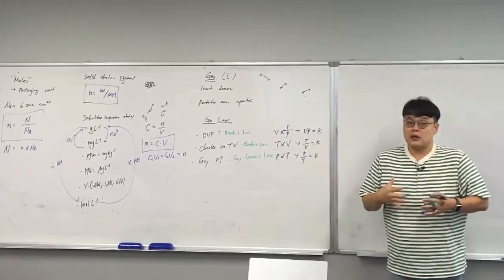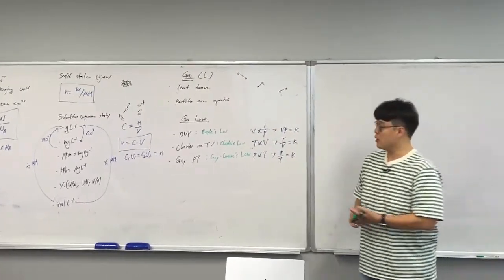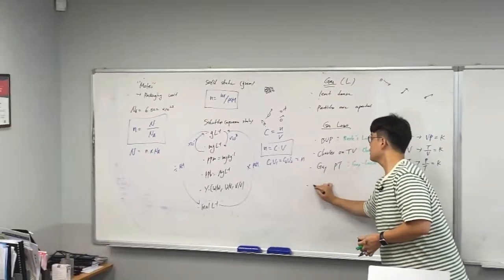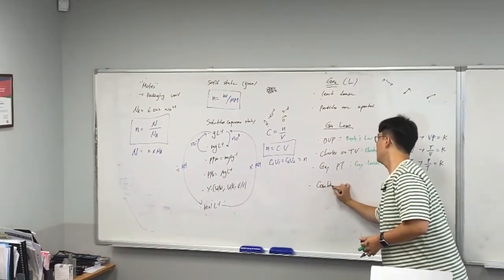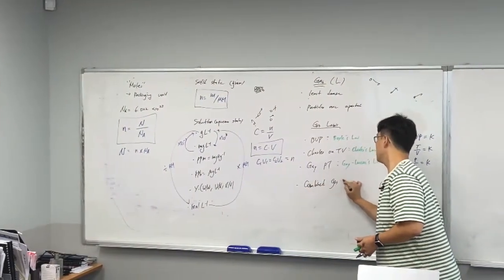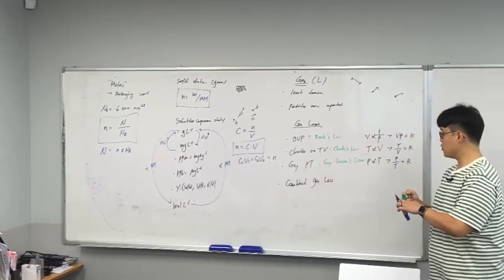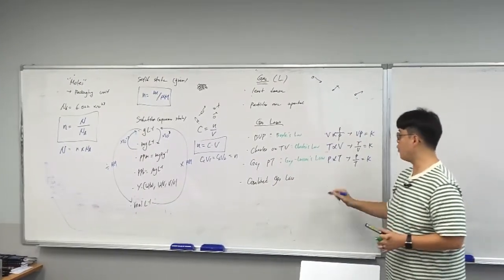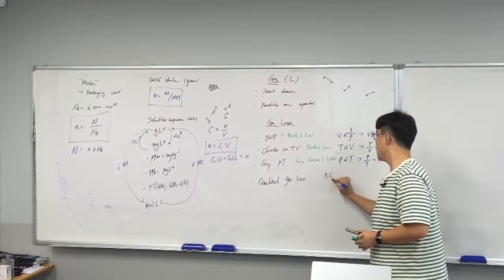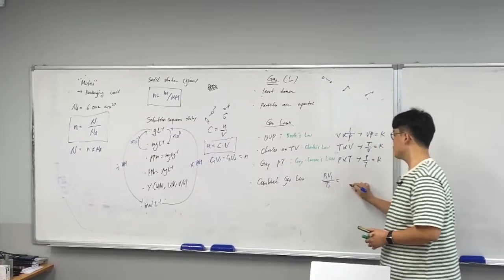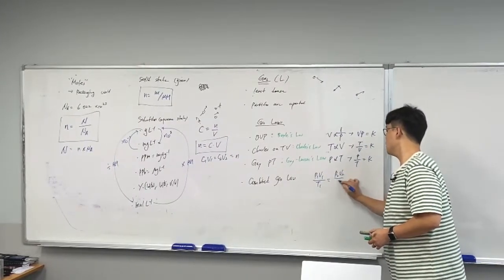We can get a change of many, so we can use the combined gas law, combining everything, giving the formula P1 V1 over T1 equals P2 V2 over T2.